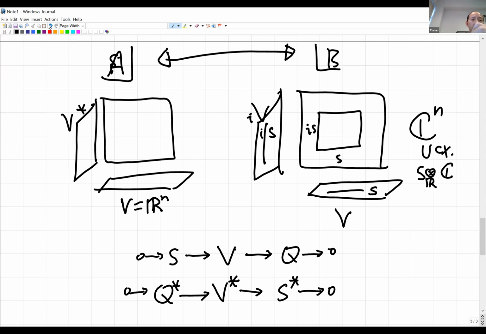So therefore, on this side, the A side, you will look at S still here, but upstairs instead of S, because now the fiber is the dual space, you will be looking at Q star. Okay. And then together, this one is always half dimensional. This is dimension 2k inside here. If S is dimension k, S plus iS is dimension 2k. But S is dimension k, Q is dimension n minus k.